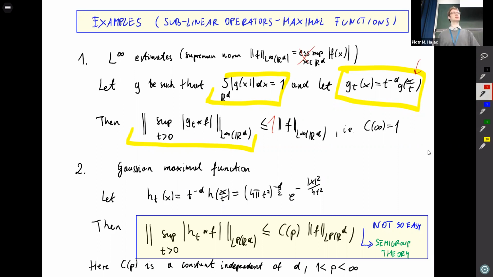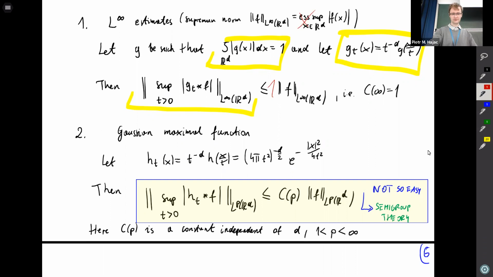But the last example I would like to show before going to what we are doing is about the Gaussian maximal function, and this is already harder. This is where difficulties start. So we consider once again the Gaussian function. Recall that t equal to 1 gives (4 pi) to the minus d over 2, e to the minus |x| squared over 4.